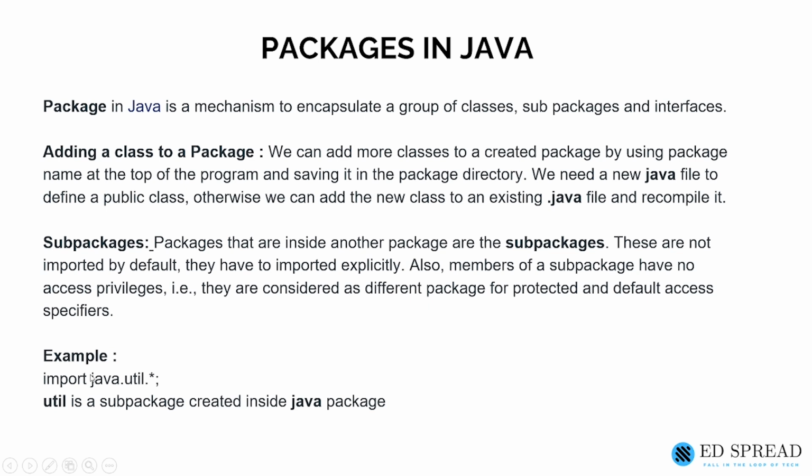This is an example of a sub package. Here java is a package and util is a sub package. How do we know it is a sub package? Because after java we have written a dot. So java is the package, dot, the sub package util, and inside util there is a star. Star is nothing but all the things from the util package.